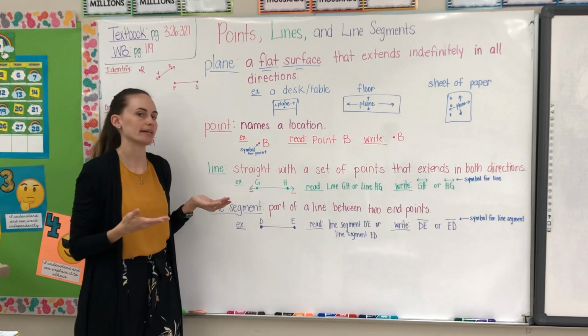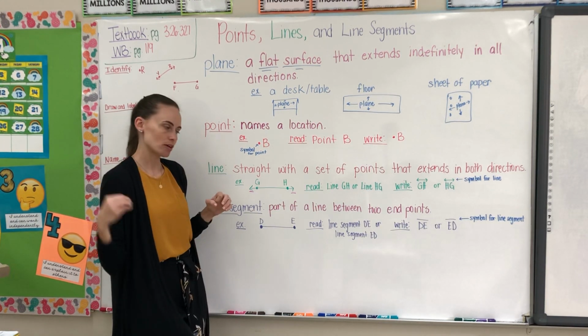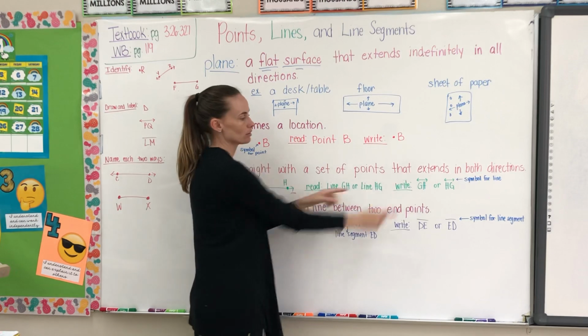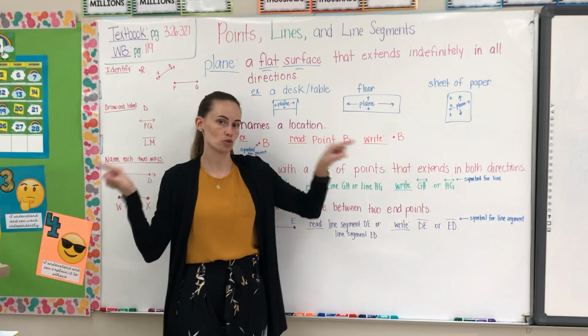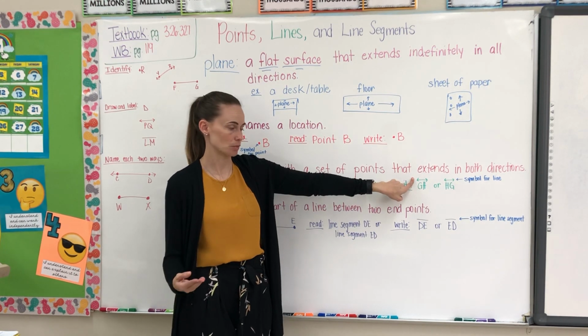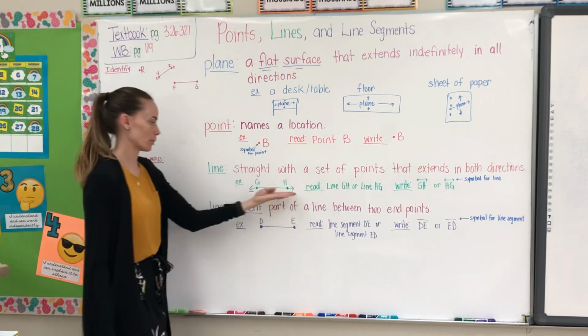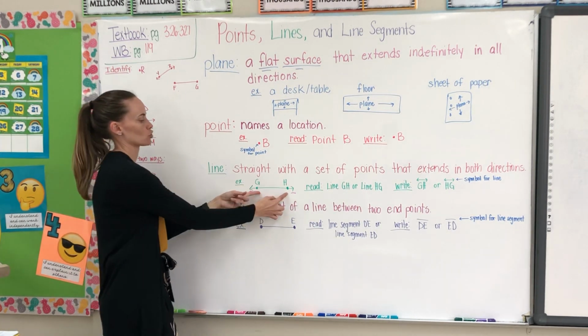You could write it either way, okay? And when you write it down, the symbol is a little line with arrows going in both directions. So you would write line, that's the symbol, GH, or line HG. It represents the same thing because those are the 2 points.